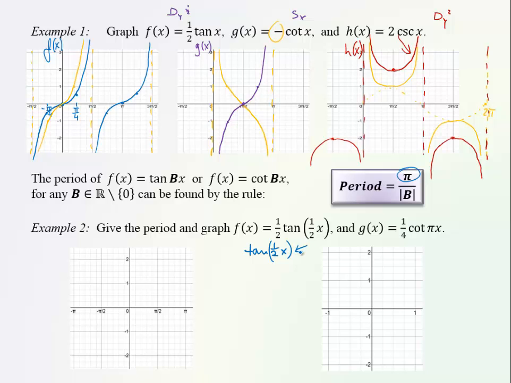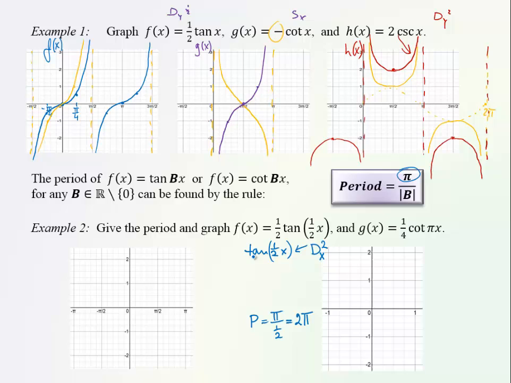Well, we apply dilation in x-axis by the reciprocal of this coefficient, that means by 2. Okay, therefore the period should be twice as long. Let's see if this rule will show us the same. Well, period is pi divided by 1/2, which, yes, it is 2 pi rather than pi.